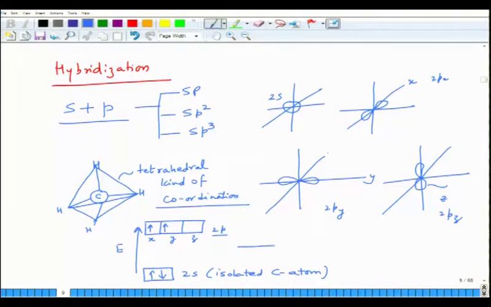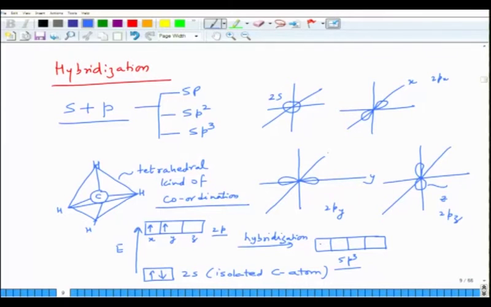So when the hybridization happens, you make an sp3 kind of hybridized orbital like this. So this we say is an sp3 orbital, okay, and what you form is basically 4 sp3 orbitals.